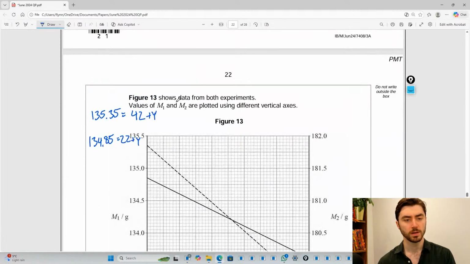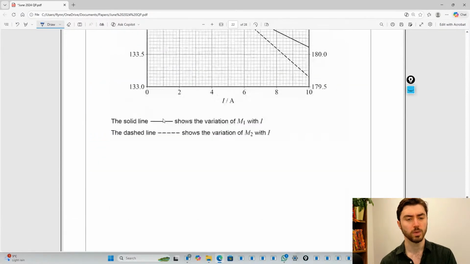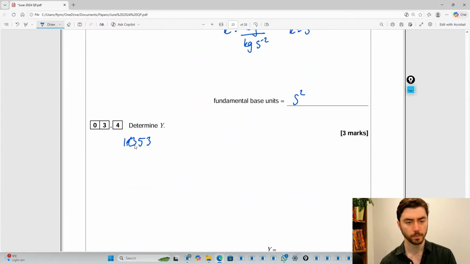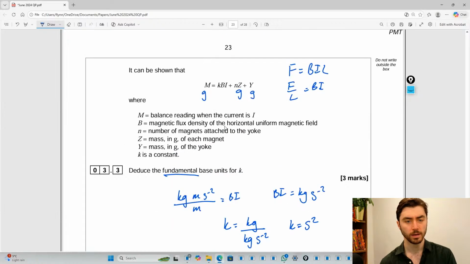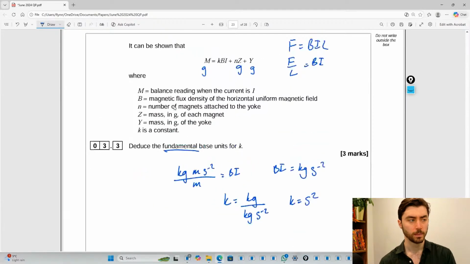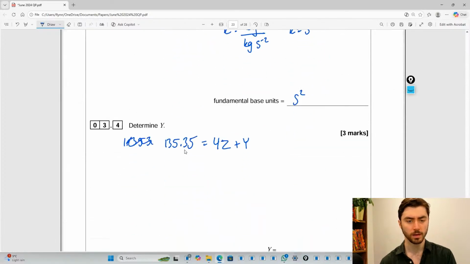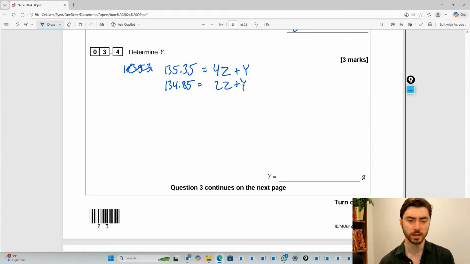So let me write this down. 135.35 is equal to 4 times the mass of a magnet plus the yoke. And it was 134.85. It's 2z plus y. Just simple simultaneous equations here.